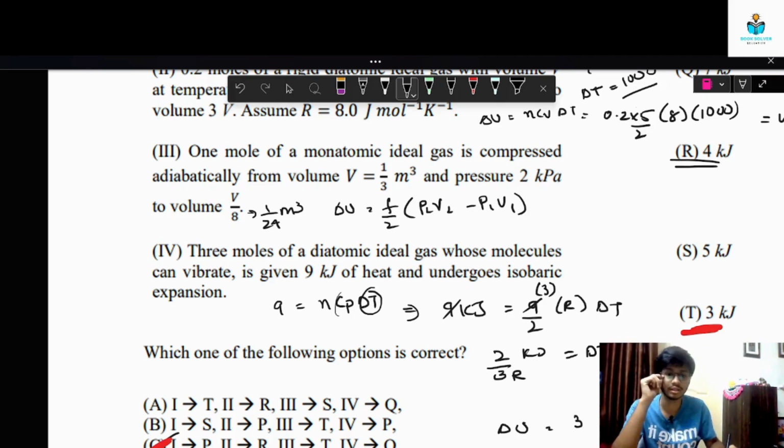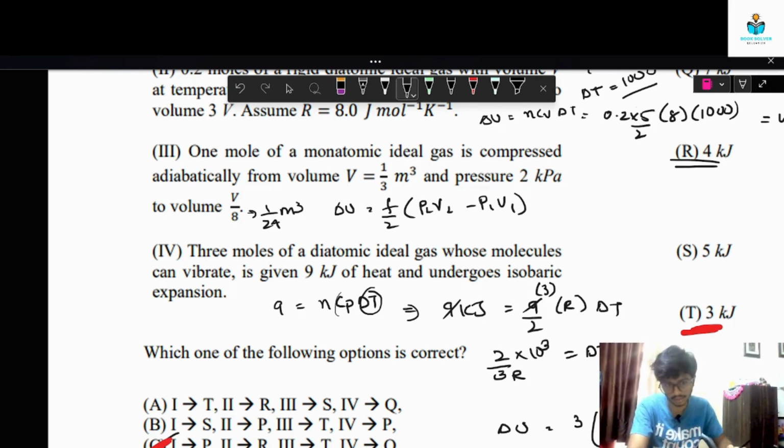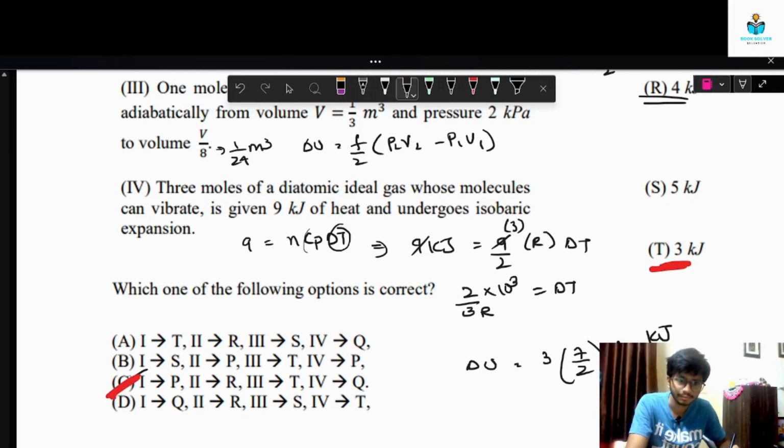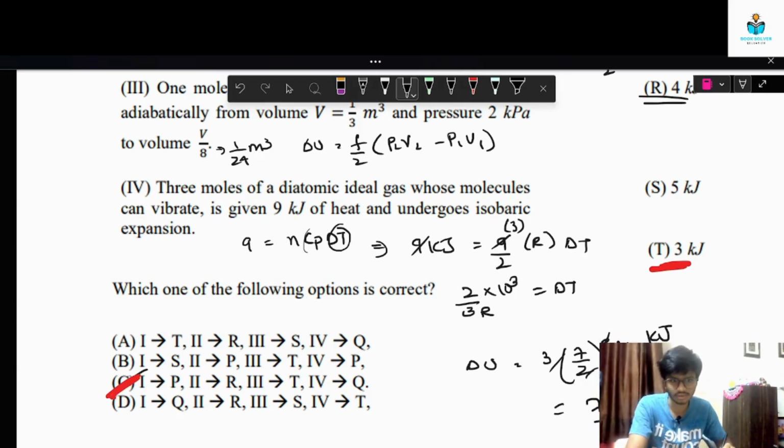That would be 3 into Cv, which is 7 by 2, into delta T, which is 2 by 3R. Delta T we can't write in kilojoules, right? And here also R. So this gets cancelled, this gets cancelled. We get 7 kilojoules. It's option Q.